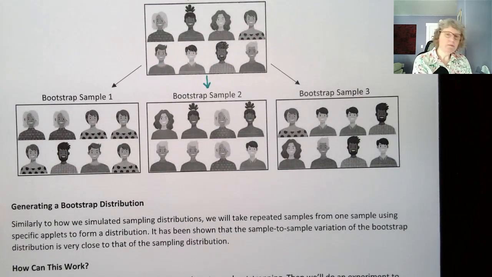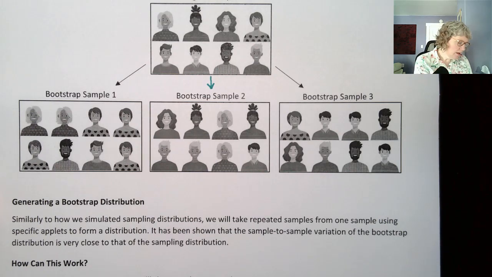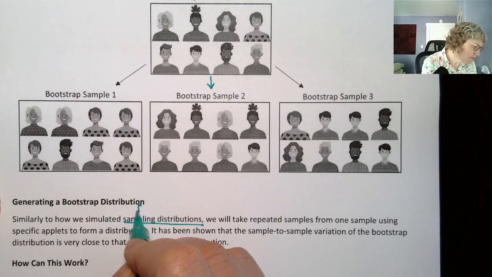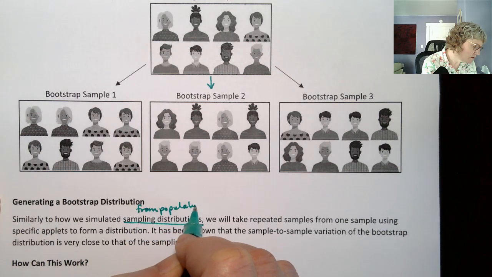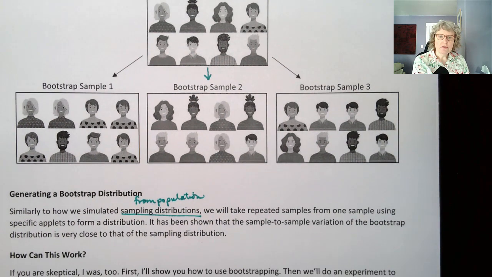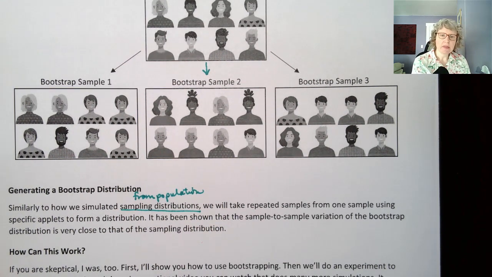What we're going to do is make a distribution out of this, just like we did with a sampling distribution. So think of the sampling distribution as being from the population. We are going to do repeated samples, and we're going to have specific applets to do this, and I'll show you all that.